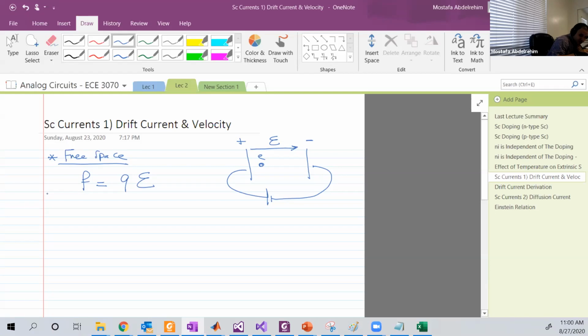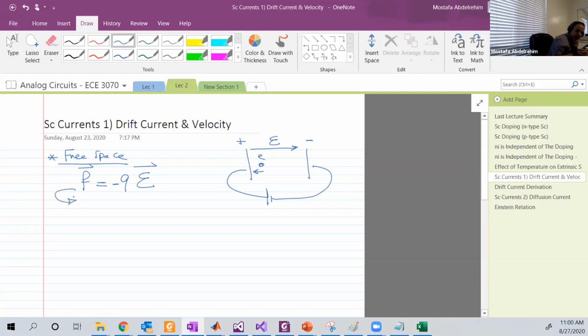And the force is usually in the opposite direction of the electric field. So this is a vector equation here. This means the force will be in that way. So the electron will be pushed against the electric field. Okay?